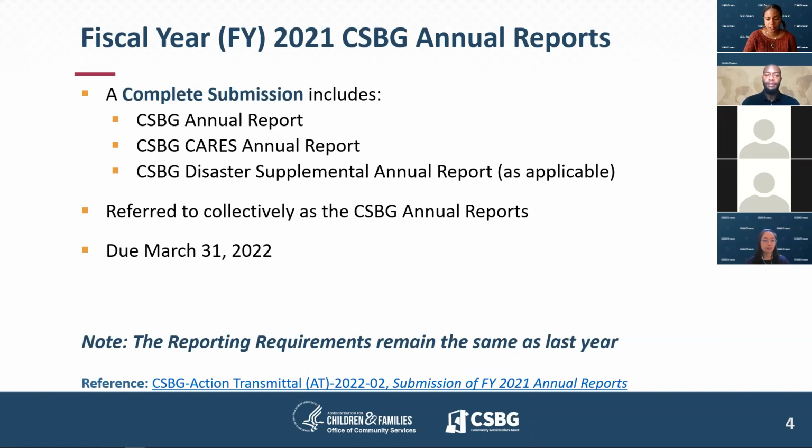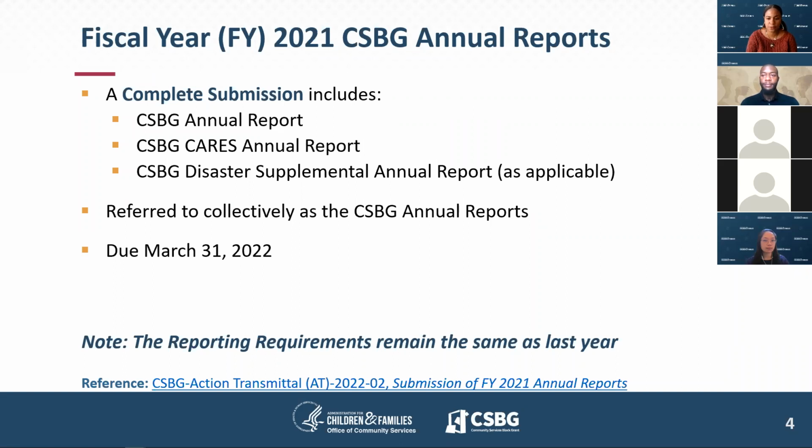States should already be familiar with the integrated strategies OCS is using to collect information for the annual report and both supplemental grants awarded as noted in the CSBG Dear Colleague 2021-04. One thing that OCS really wants to focus on this year is that we should be thinking of these reports as one report. Though you are reporting in separate forms, the CARES and disaster supplemental annual reports are extensions of your regular CSBG annual report.